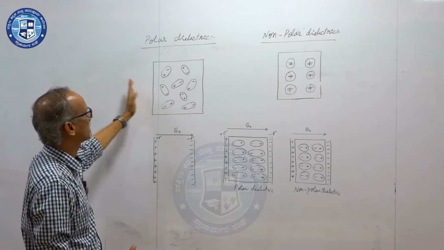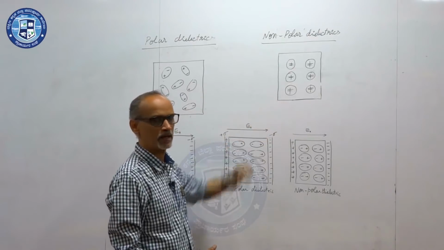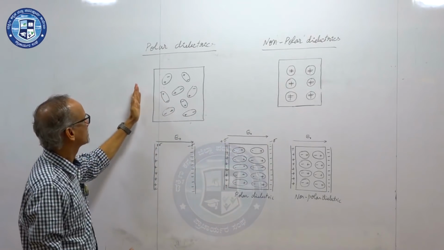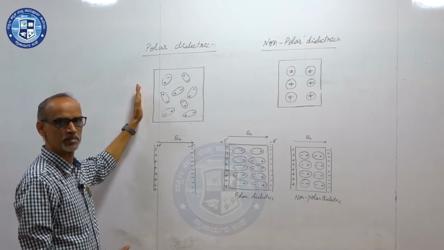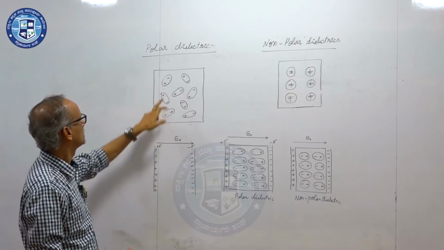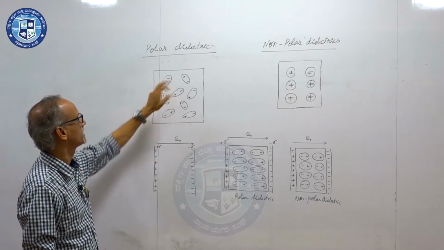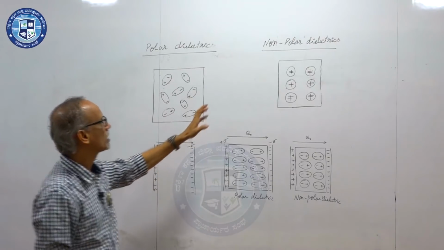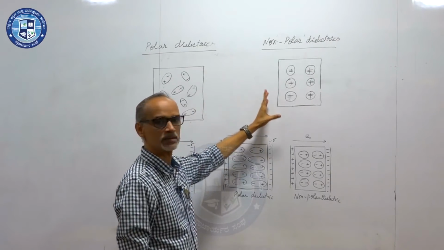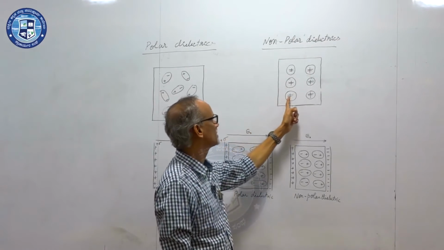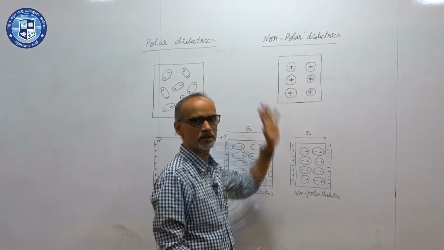We have a polar dielectric and a non-polar dielectric. As I have mentioned, polar dielectrics are made up of polar molecules, in which the center of the positive and the center of the negative charge do not coincide, and non-polar dielectrics are made up of non-polar molecules, in which they do coincide.